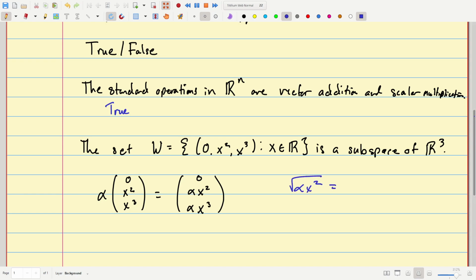Is this true? It's not, right? Because I would end up with the square root of alpha cubed.